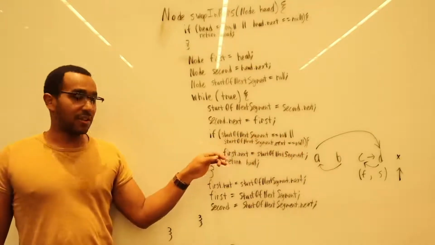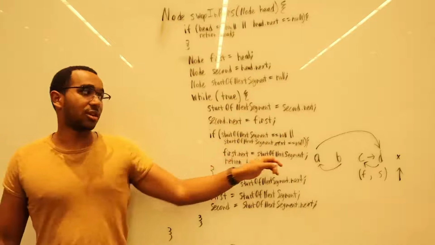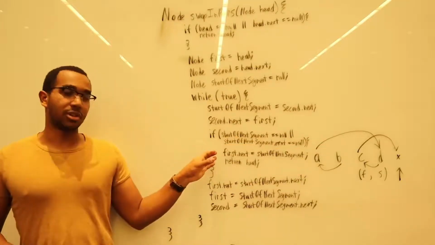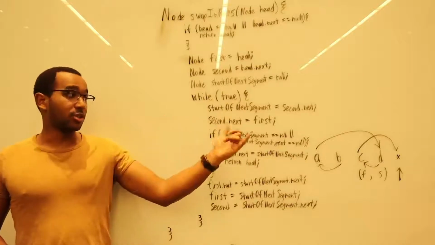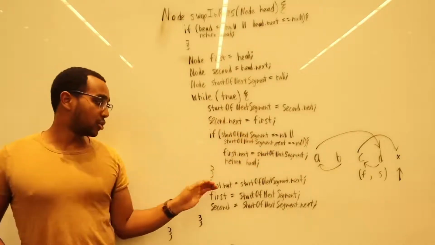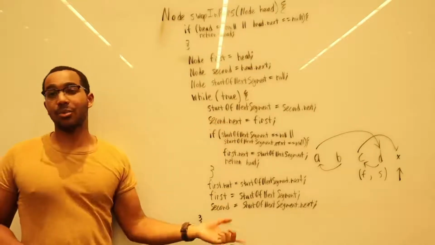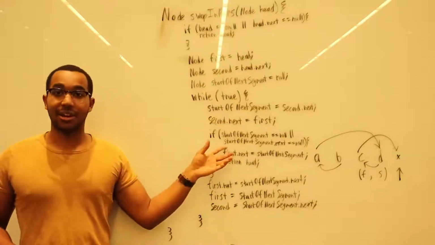We'd come in here, we'd say first.next is the start of the next segment. So C is going to point to null, and then we just return the head. We'd get out of here because we don't have a complete pair to wire first to the second guy in the next complete pair.